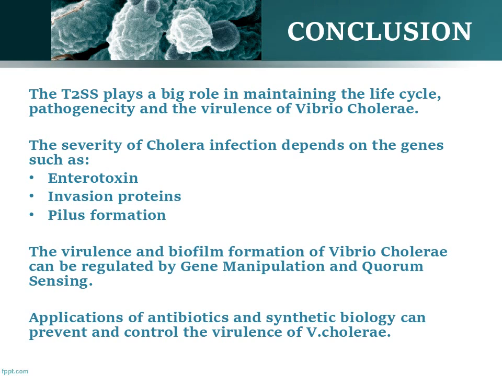Regardless of both mechanisms, they will both lead to the inhibition of EPS and the virulence genes. Lastly, the application of antibiotics and a new age concept of using synthetic biology can prevent and control the virulence of Vibrio cholerae.